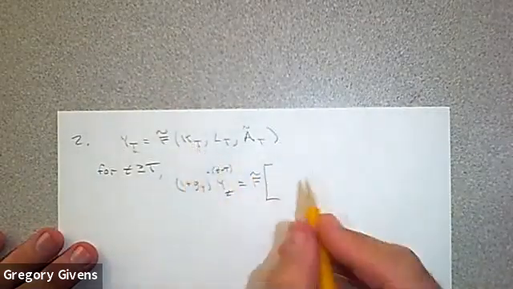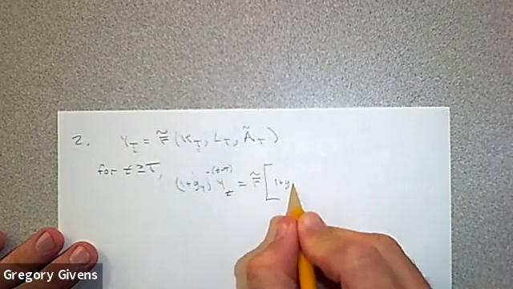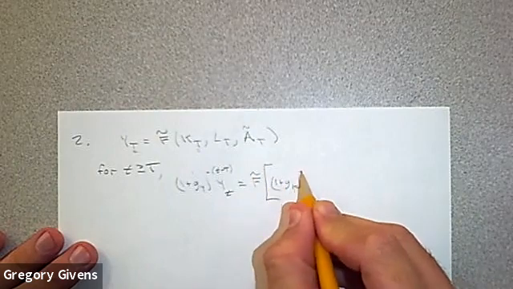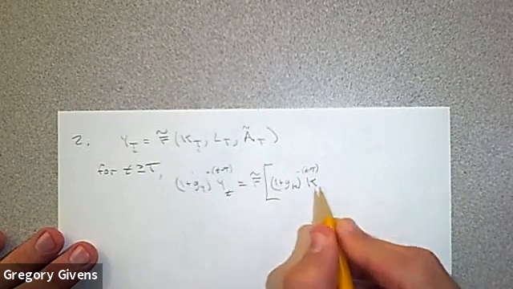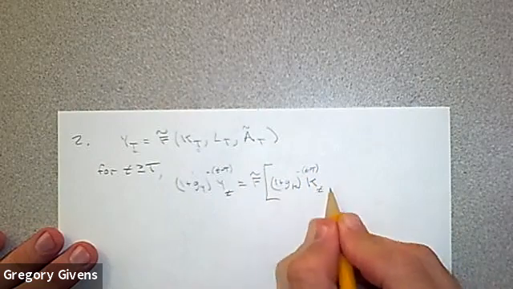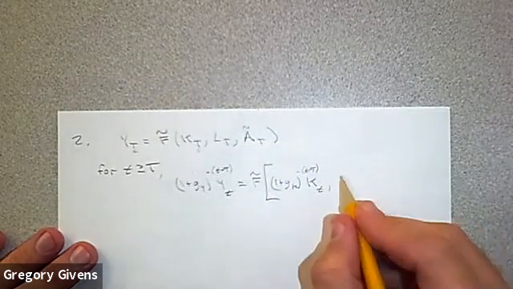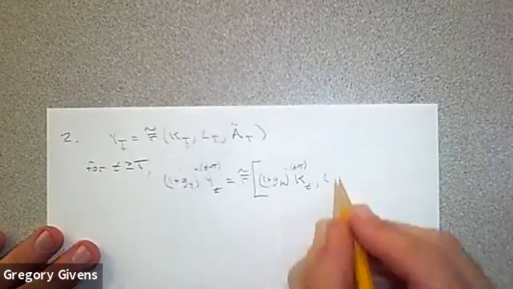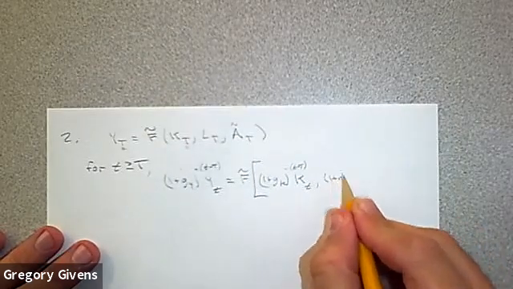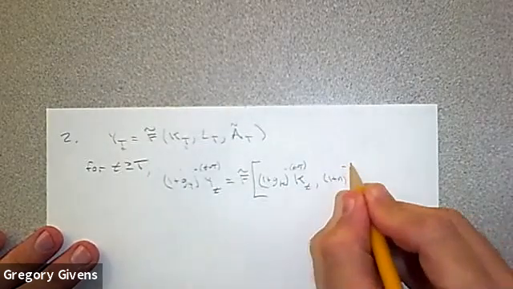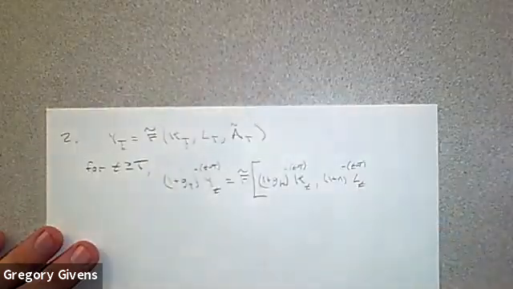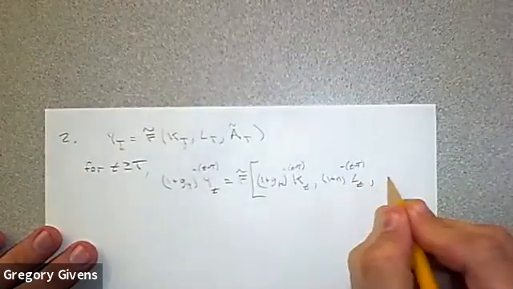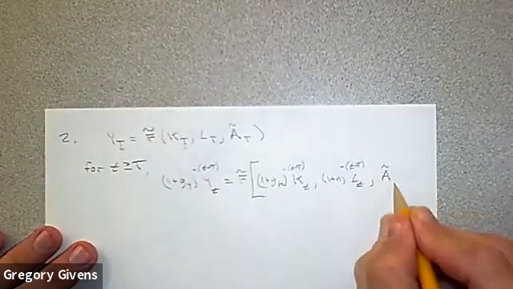What is K cap T? Well, that's (1 plus gk) raised to the negative (t minus cap T) times Kt. And L cap T can be written as (1 plus n) to the negative (t minus cap T) times Lt. And then we can't forget about the A tilde cap T.